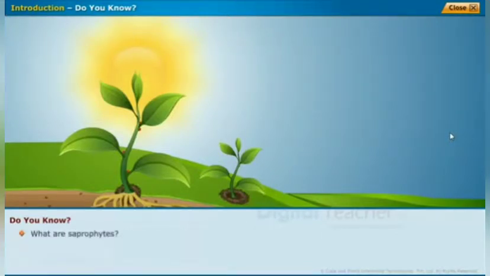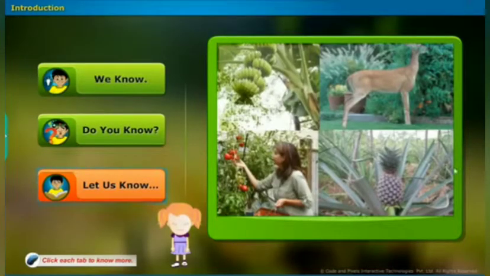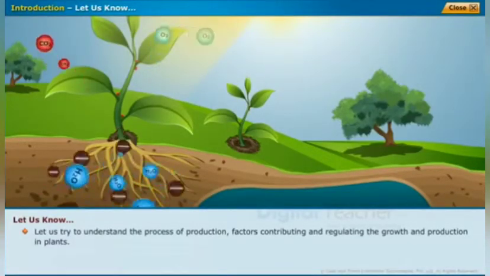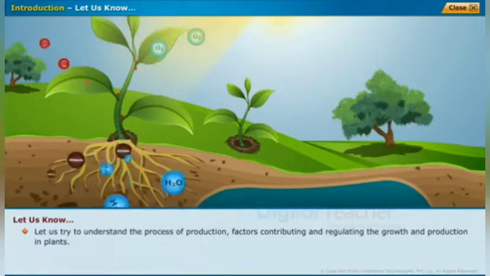What are saprophytes? What is the meaning of symbiotic relationship? Let us try to understand the process of production, factors contributing and regulating the growth and production in plants.